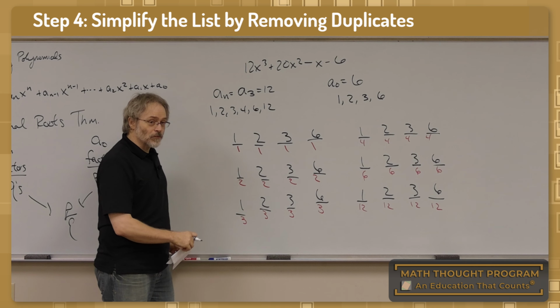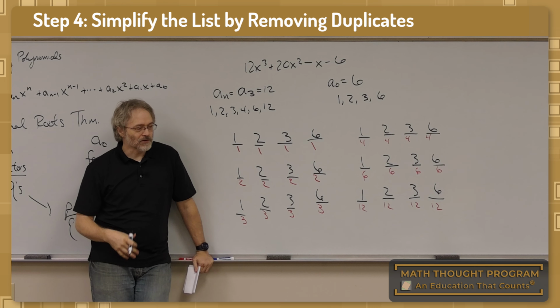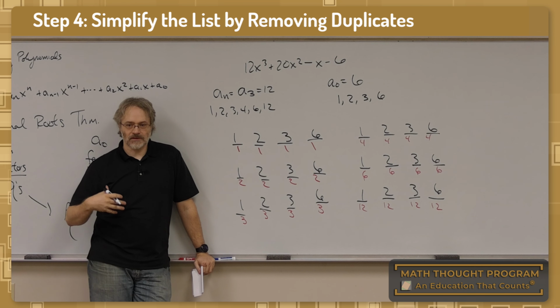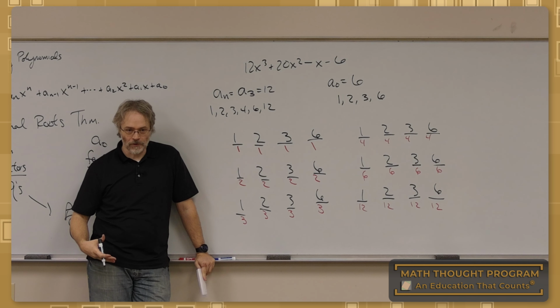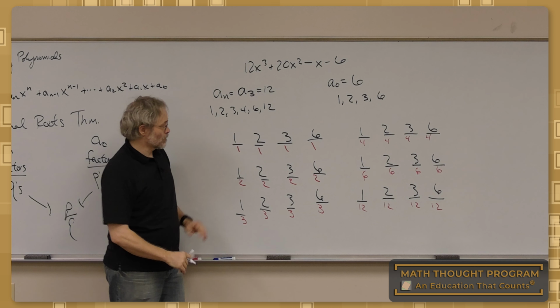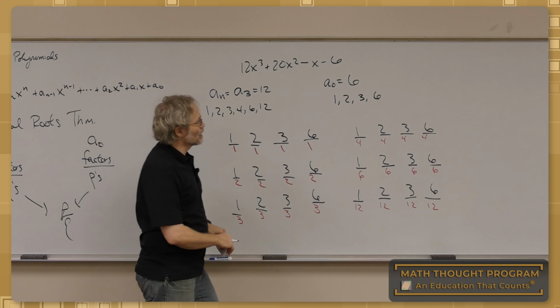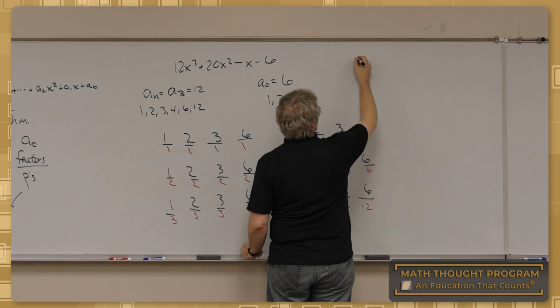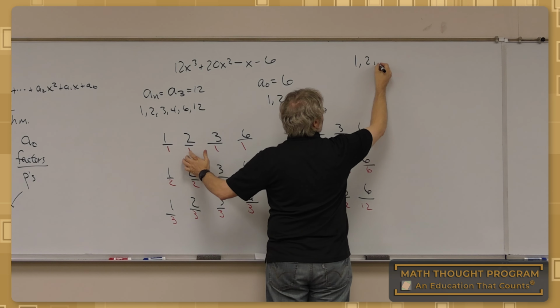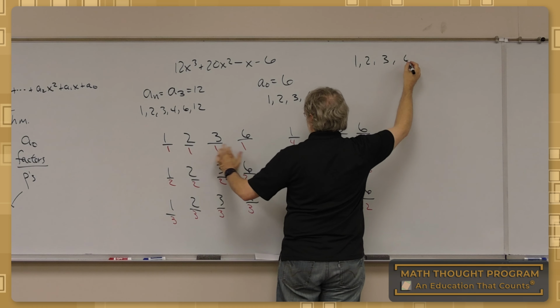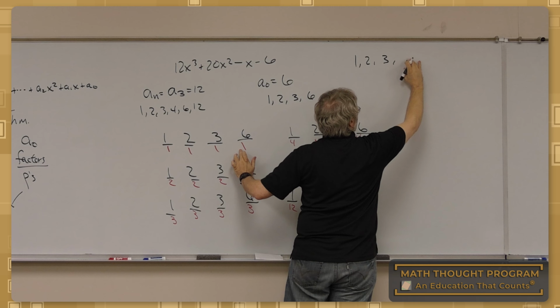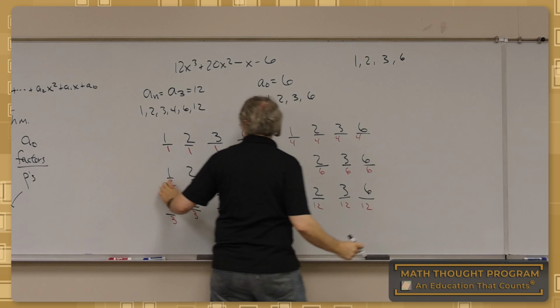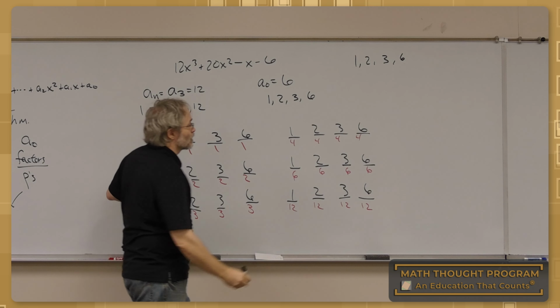Now, after you form your P and Q, go through the lists, simplify it down a little bit more. 1 over 1, okay, that's 1. 2, 3, 6. Get a half.